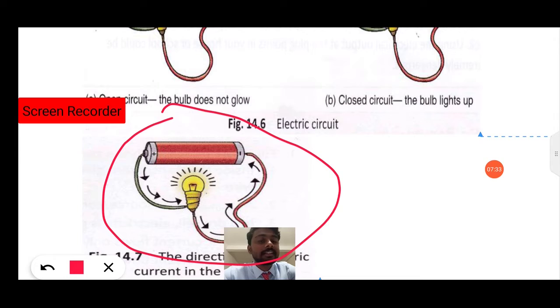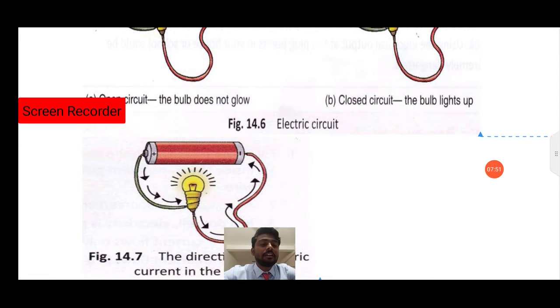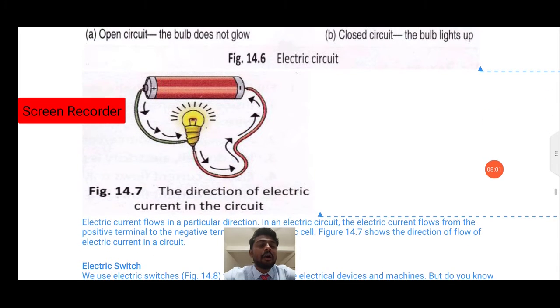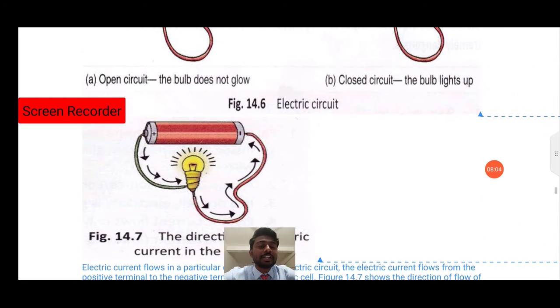The electric current moves from the positive terminal to the bulb, and afterwards from the bulb to the negative terminal. You can see the marks in the picture. Yes or no? So this will be the direction of the electric current in the circuit.